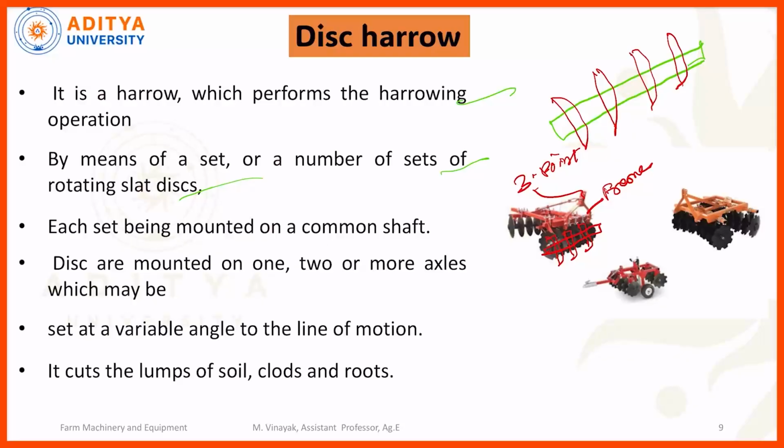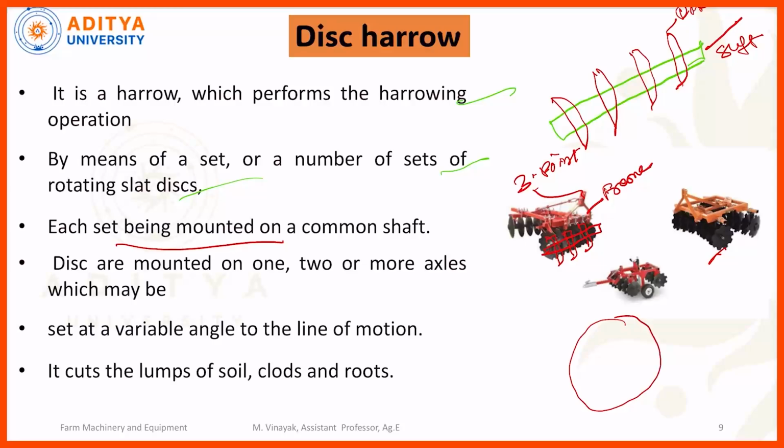Each set of discs is mounted to the common shaft. This one is the common shaft. These are the discs. Some manufacturers use circular discs as well as blunted discs. So these are the blunts. Here we can see this one is a circular disc.